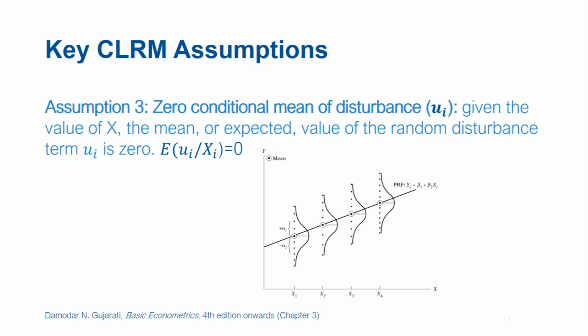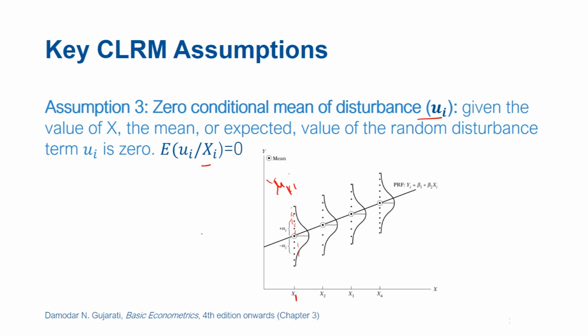Next, and a very important assumption, is the zero conditional mean of the disturbance term mu i, or the expected value of the disturbance or error term mu i is zero, conditioned upon each xi. For example, let's say we have an x1 variable corresponding to which there are a number of y's, and for all these y's, error terms mu i would be estimated.